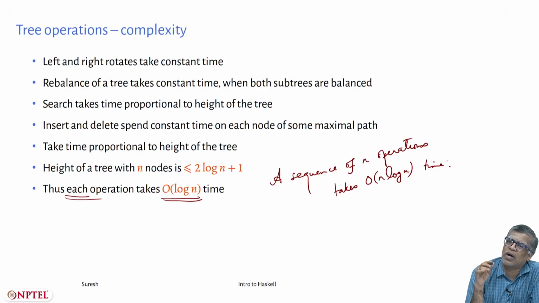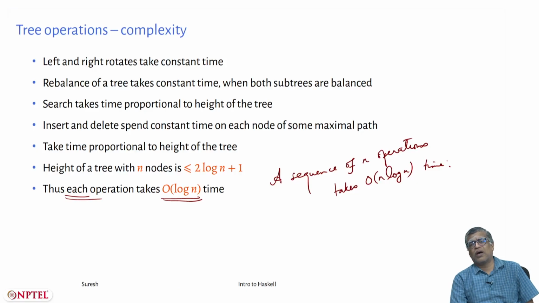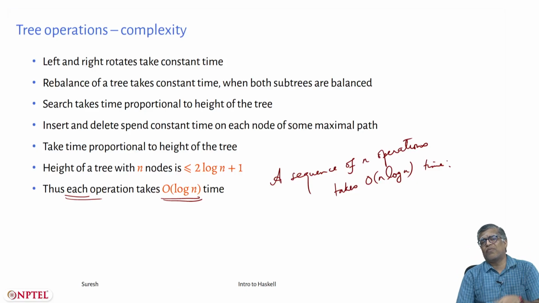Log 100 is log to the base 2 of 100, which is 7, 2 times that is 14 plus 1 is 15. So, my tree height will never go more than 15, and so I will have like 100 into 15, which is 1500 steps I will perform to do 100 insertions.